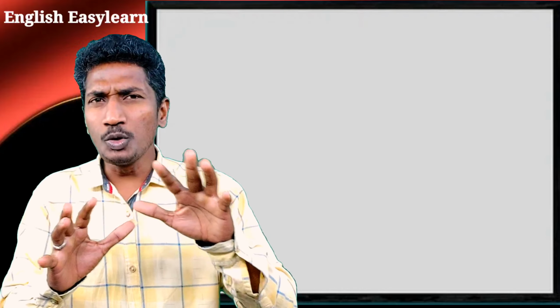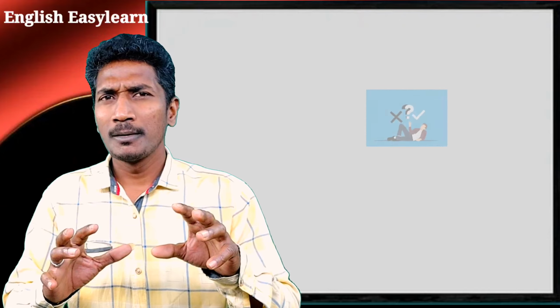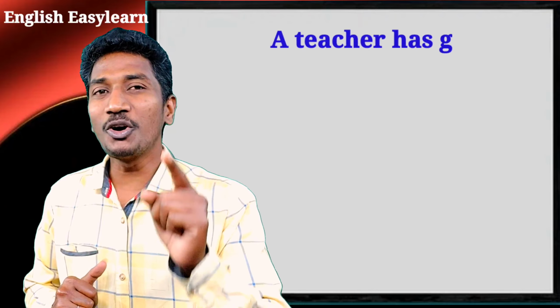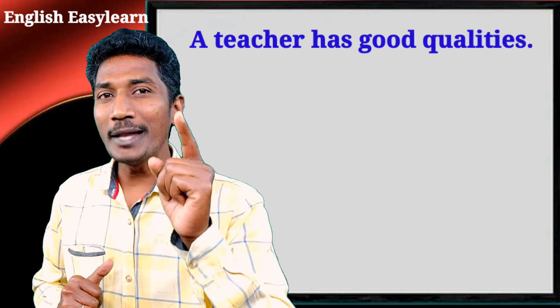Sir, does this come only for pronouns? When a name comes, like a teacher, a doctor, a boy, a girl, teachers, doctors, engineers, workers, men, women, how do have and has come then? Nice doubt. A teacher has good qualities.